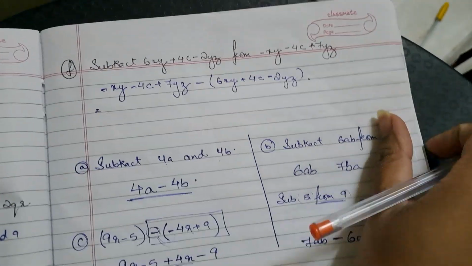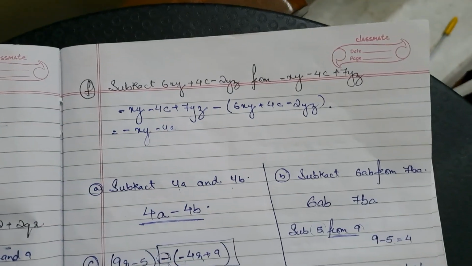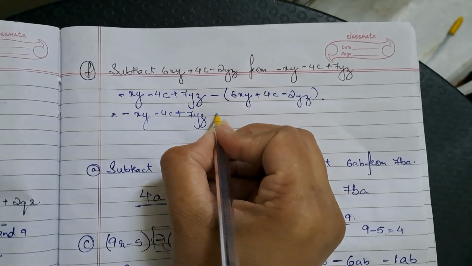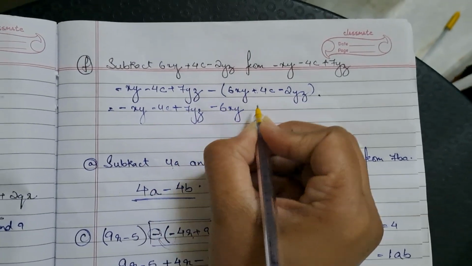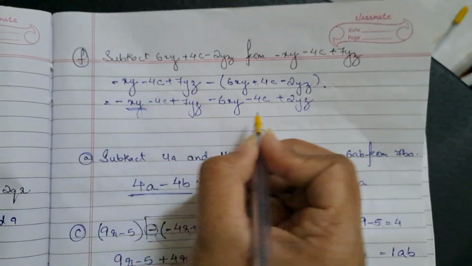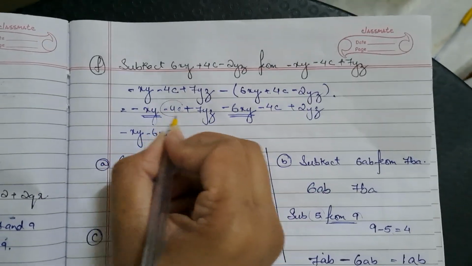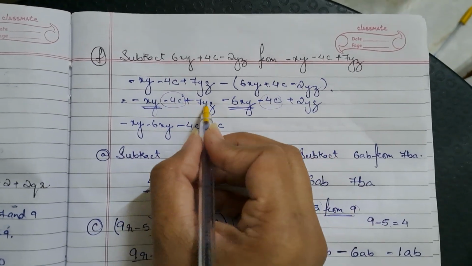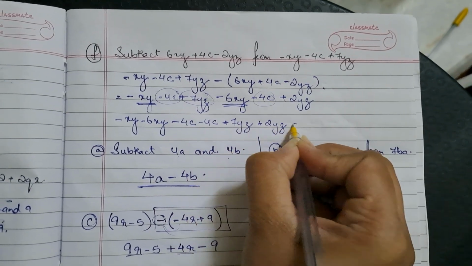So let's expand it and write minus xy minus 4c plus 7yz minus, this will change: this is positive, it becomes negative, positive becomes negative, negative becomes positive, so plus 2yz. Then xy term, minus xy minus 6xy, minus 4c minus 4c. Then I have this term, plus 7yz plus 2yz.